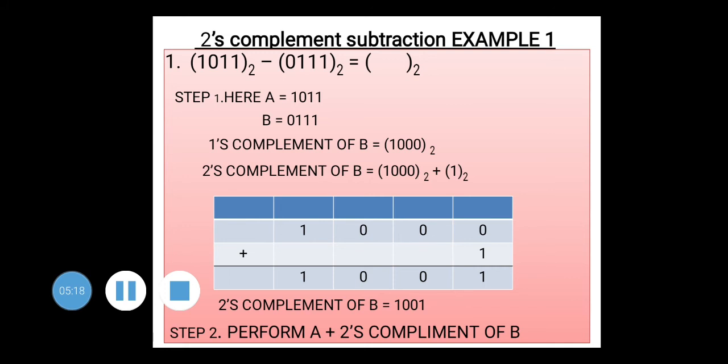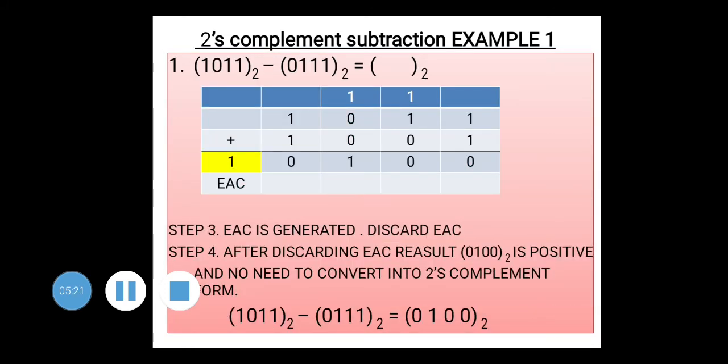Now the next step is to add A and the 2's complement of B. A is 1011 as it is, and the 2's complement of B is 1001. You add these using the binary addition rules. After addition, you can see the end around carry is generated, highlighted in yellow. As the end around carry is generated, you discard it, meaning remove it.